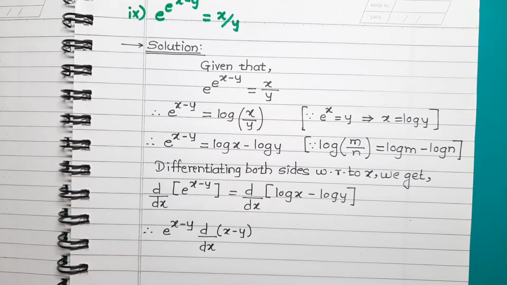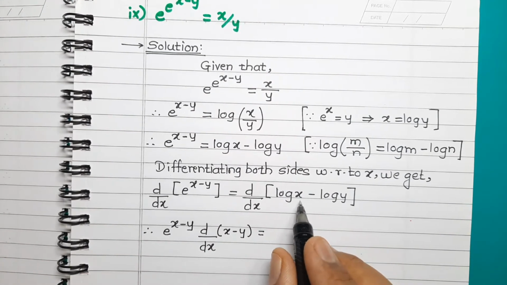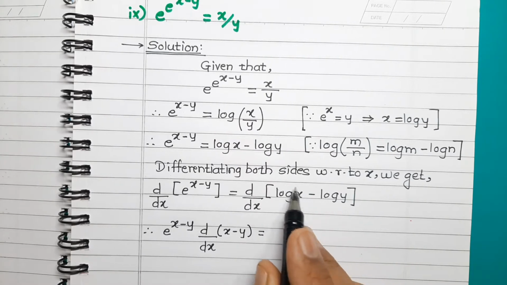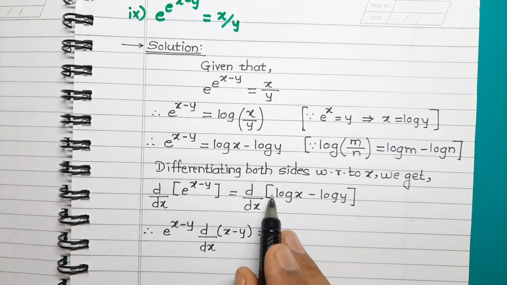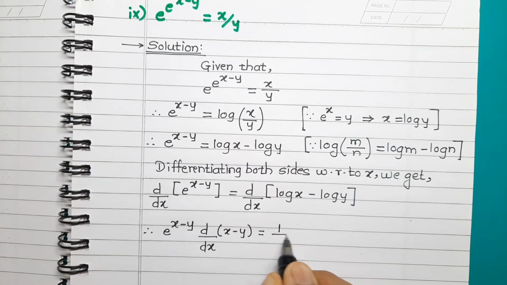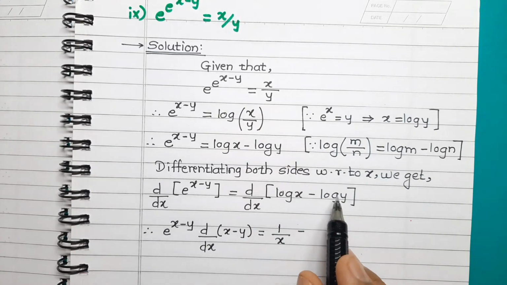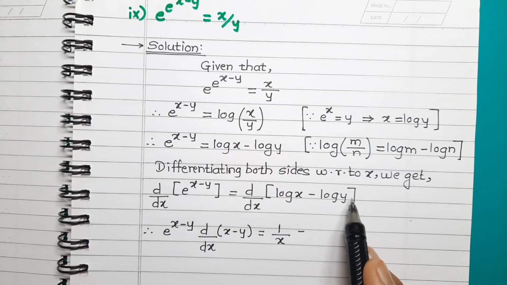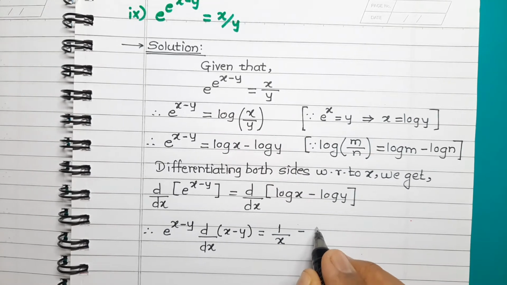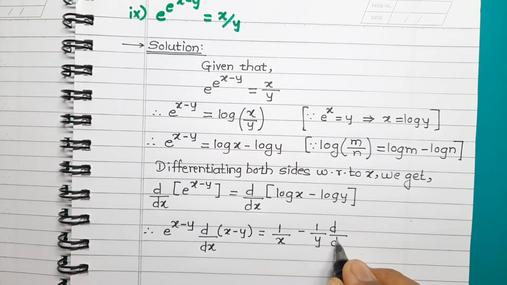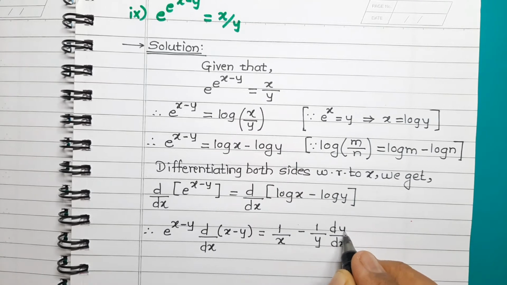Is equal to, here it is a subtraction of two logarithmic terms. So let's write firstly the derivative of log x, and we know that the derivative of log x is 1 upon x, minus the derivative of log y. Now here it is again a composite function, so let's treat it as log of something. Its derivative is 1 upon something into the derivative of something, which is the function y.